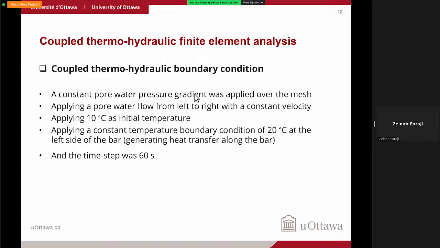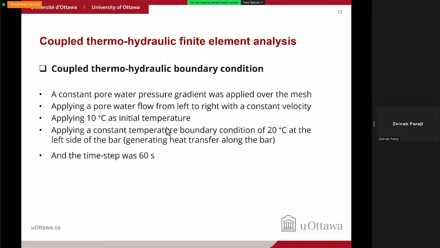A boundary condition was developed by a constant pore water pressure gradient over the mesh, applying a pore water flow from left to right with a constant velocity.